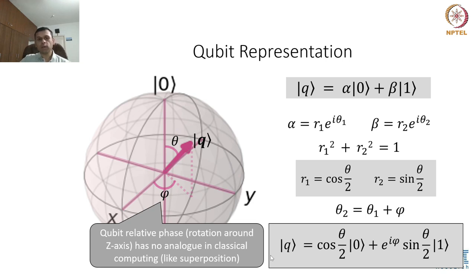You'll learn more about the physical intuitions, as well as some more intuition about basis states as well as phases, in the subsequent modules delivered by Dr. Rahamandyam. But for now, just keep in mind that we can represent any arbitrary qubit on a Bloch sphere using simply two angles, theta and phi.